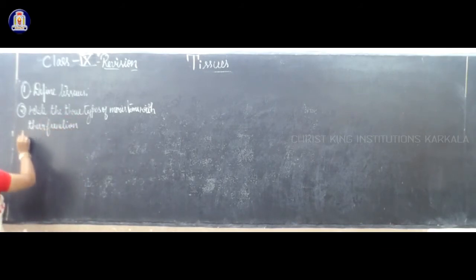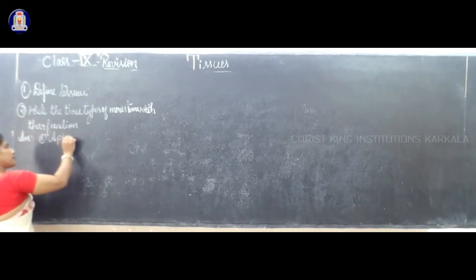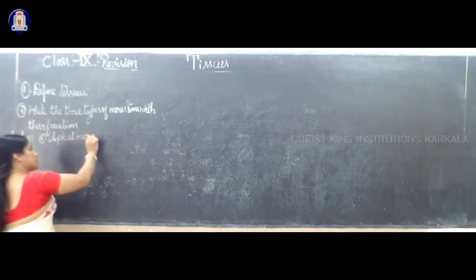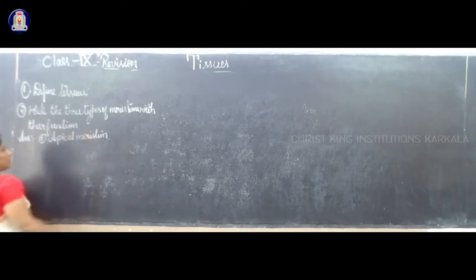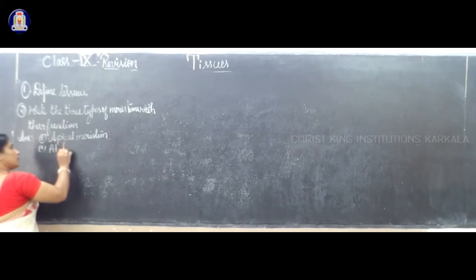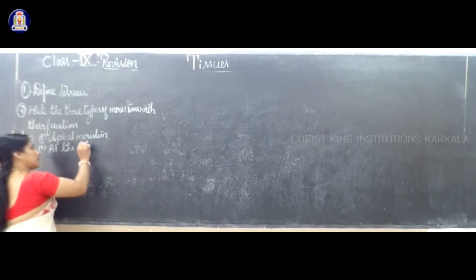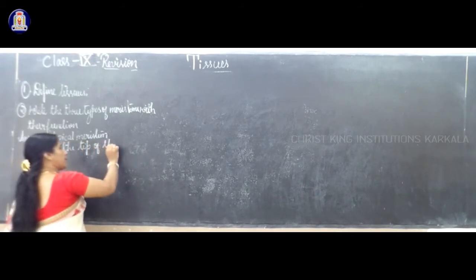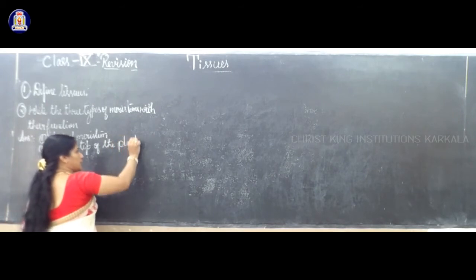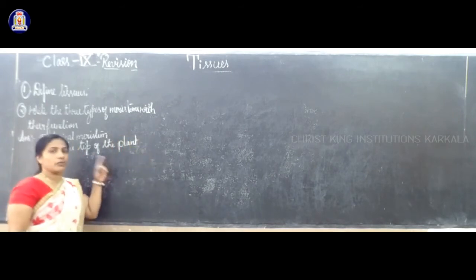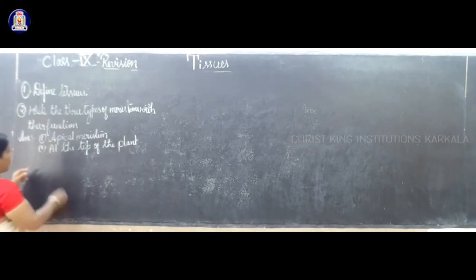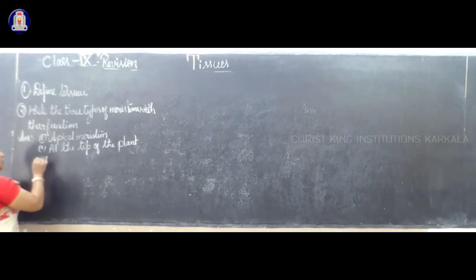The first one, apical meristem. Next, in the second point, where we can observe it: at the tip of the plant. Whether it is necessary, teacher, maybe you are asking. Sometimes we know the answer, you can write. So at the tip of the plant, maybe it is the root or the shoot. Third, the major function.